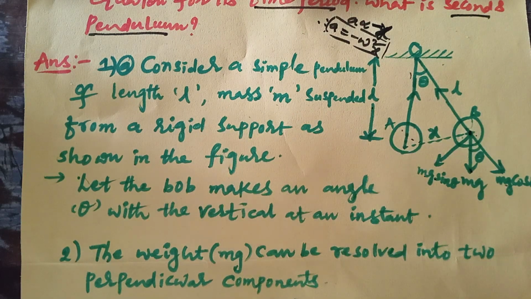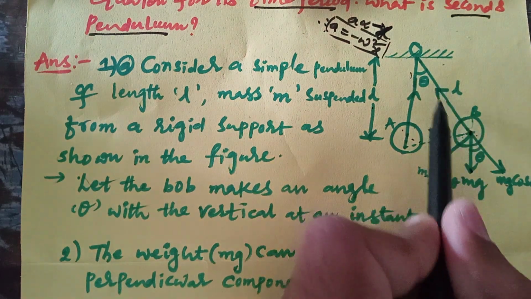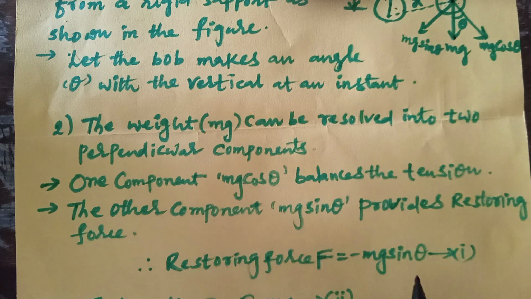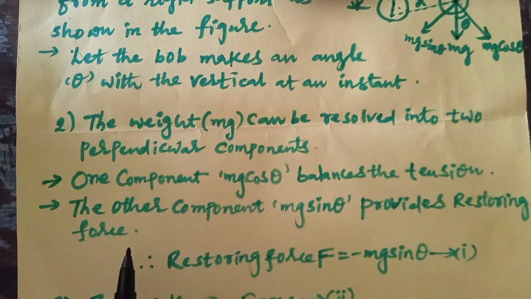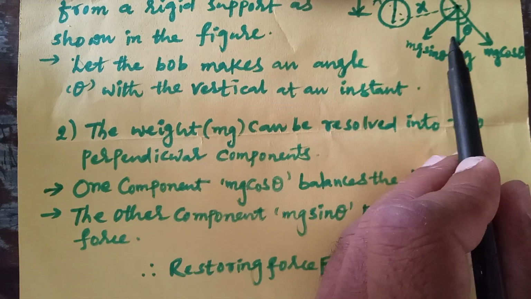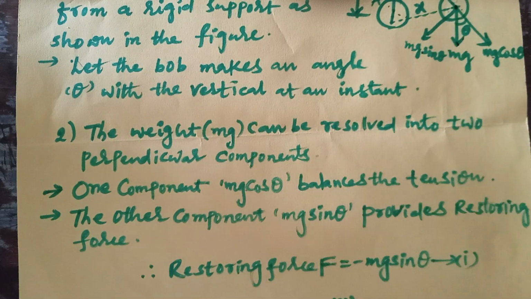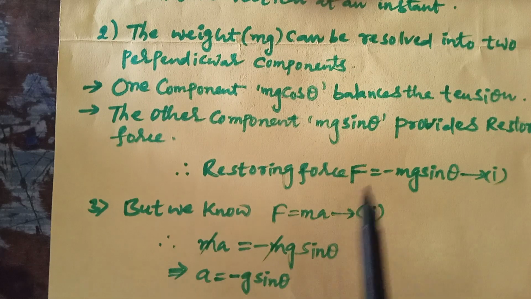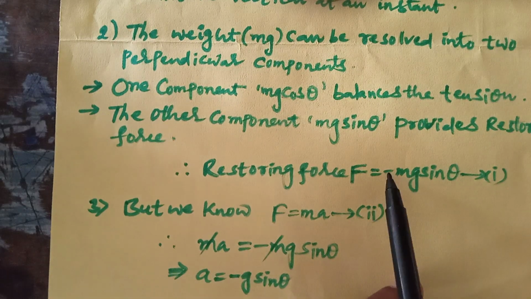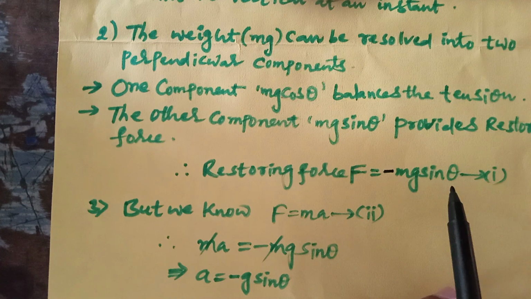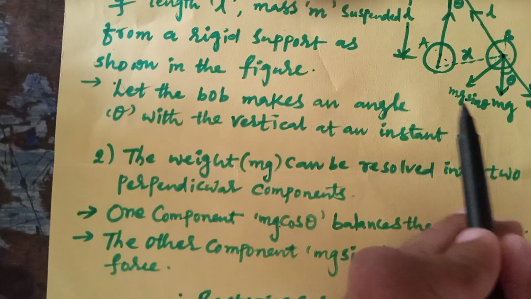One component, mg cos theta, balances the tension force and the other component, mg sin theta, provides the restoring force. Here theta is very small. So the restoring force F is, in the opposite direction, equal to minus mg sin theta.